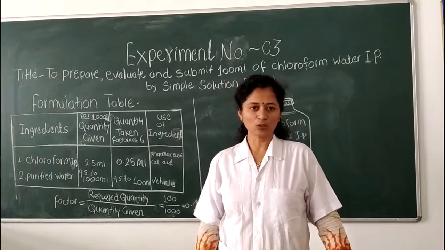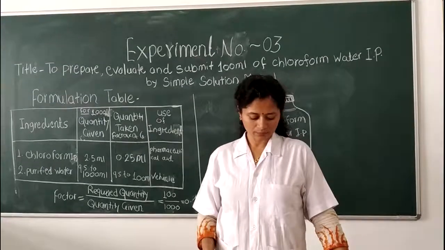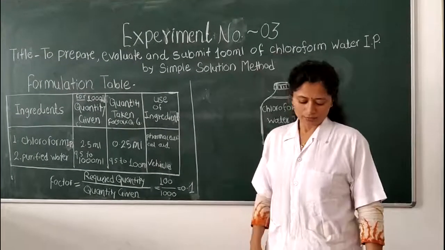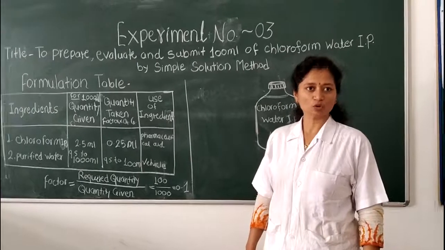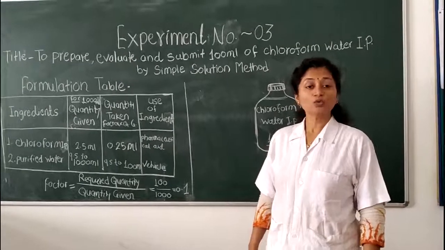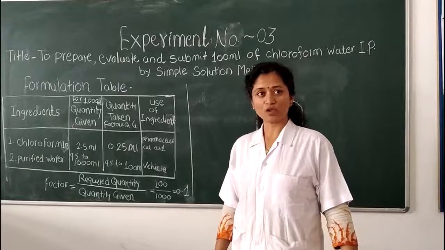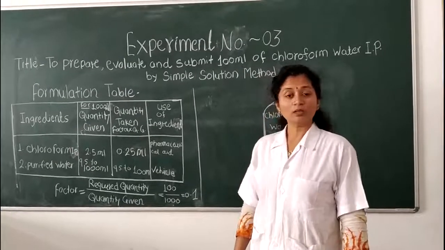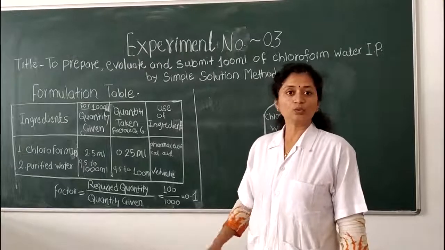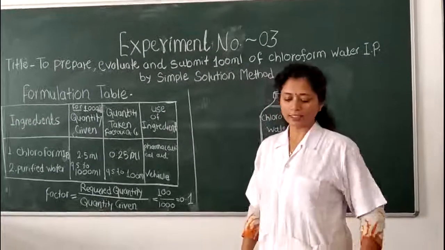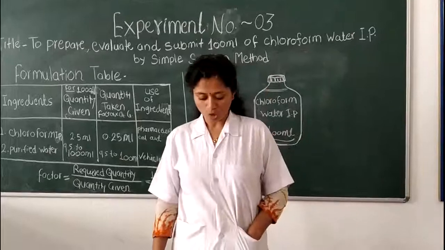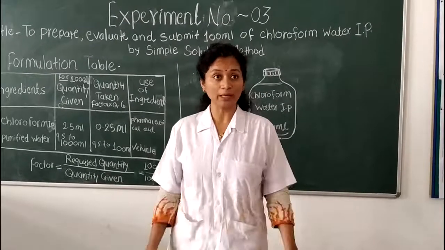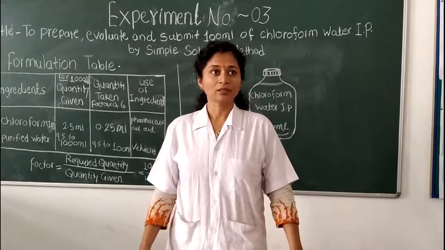After labeling the formulation, in this session we cover the formulation table for the chloroform water, then how to prepare the factors for the formulation table. After that, we have to go through the stepwise procedure, and then a proper observation and evaluation table should be maintained.